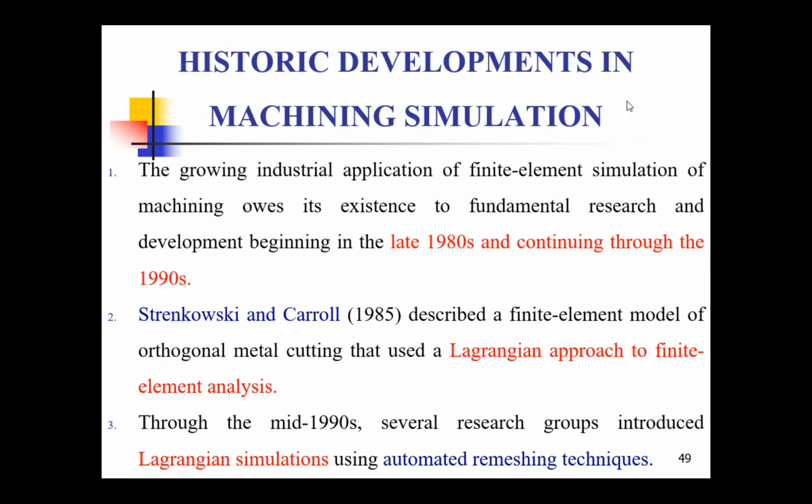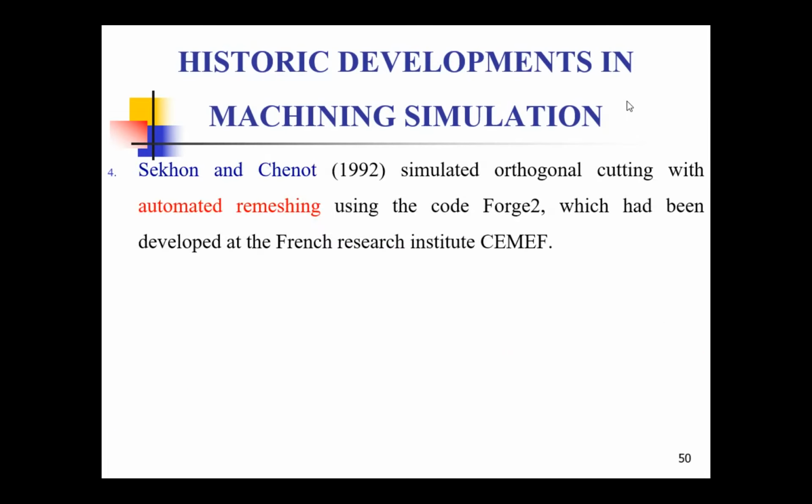But automated remeshing provides better results, and when combined with the Lagrangian simulations, it produces better results. And in the year 1992, Chacon and Chenot once again simulated orthogonal cutting with automated remeshing using F2 codes.